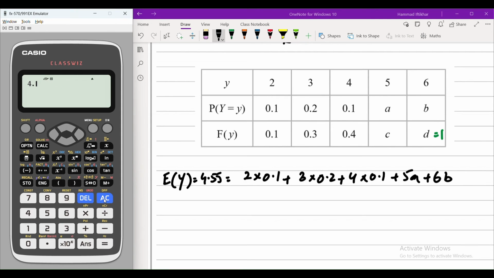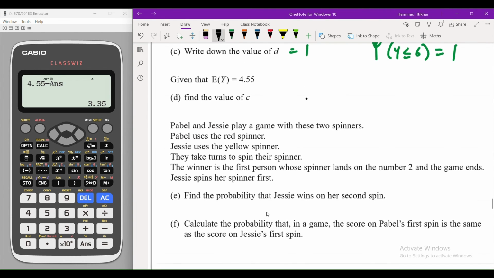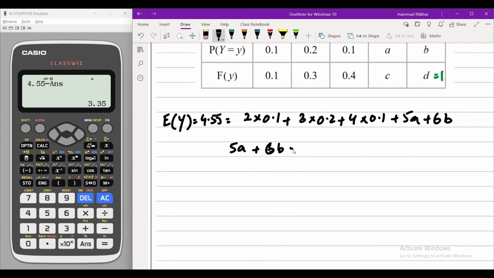So 4.55 minus that answer, so 5a plus 6b is equal to 3.35.